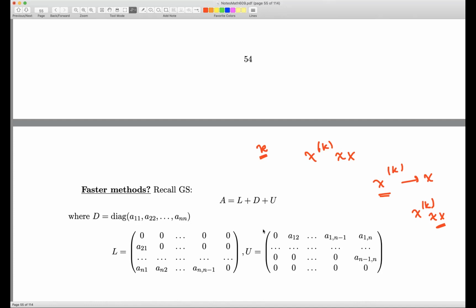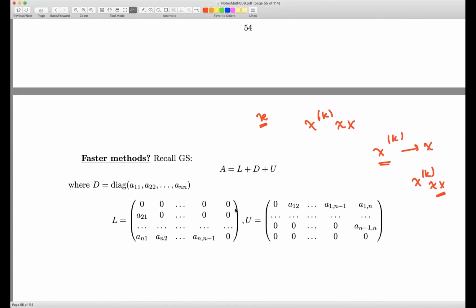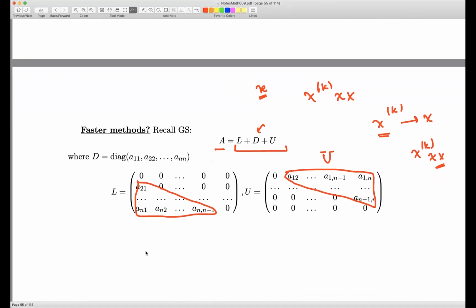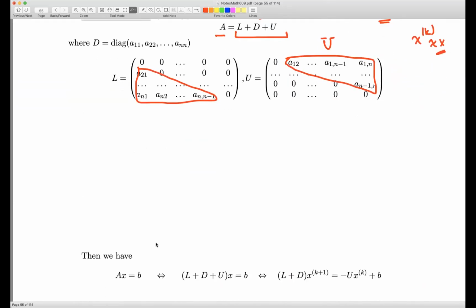or you can continue a certain number of steps, and then you will get a better approximation of the exact solution. So if we look at Gauss-Seidel, let me remind you again, to do Gauss-Seidel we have the representation of A as a strictly lower triangular matrix, plus a diagonal matrix, plus a strictly upper triangular matrix. This is U, strictly upper triangular, and L, strictly lower triangular.